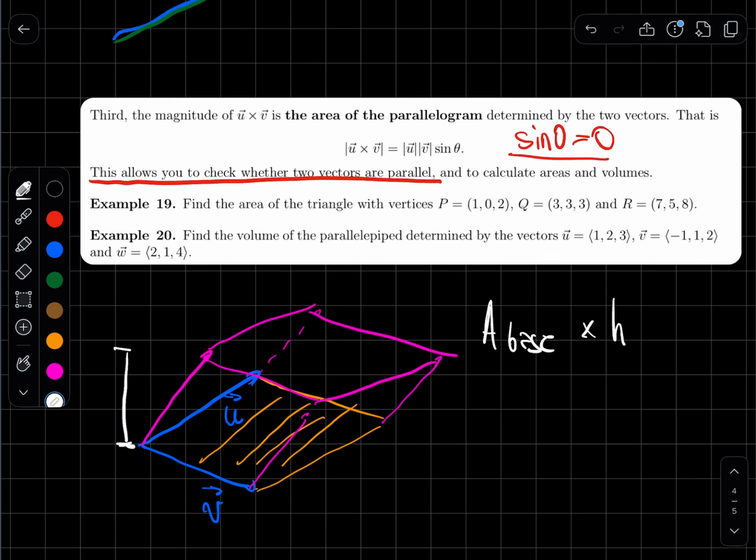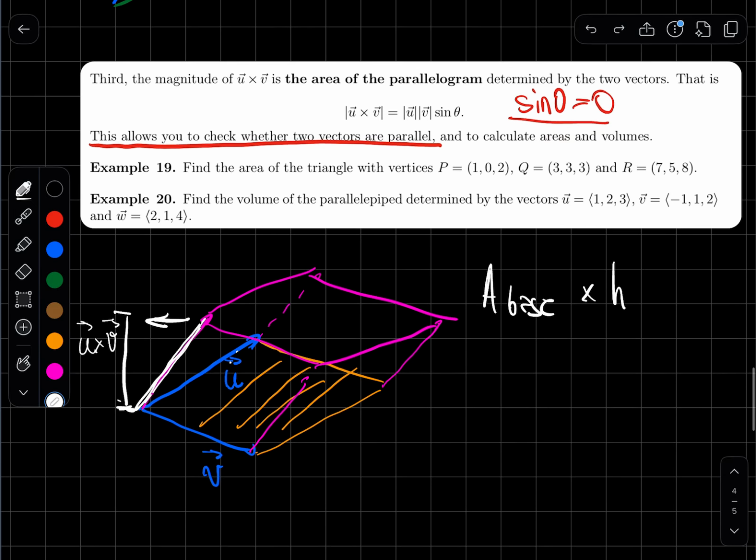You can use this third vector w and project it vertically. So u cross v is going to point the correct way, but it's the wrong size. U cross v may be too long or too short. What's correct is the projection of w onto this vector. So that's where the dot product comes in.